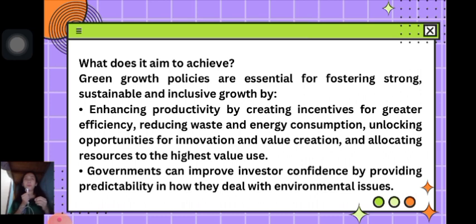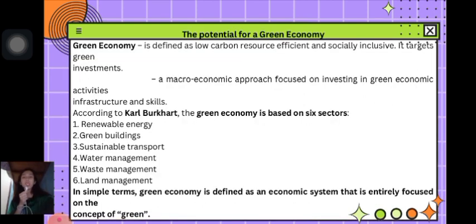By having this, we can help investors see how we deal with and solve environmental issues, and in that way there will be lots of investors that will help our country to be in a good state, in a green growth and sustainability situation. So that's all for my report.